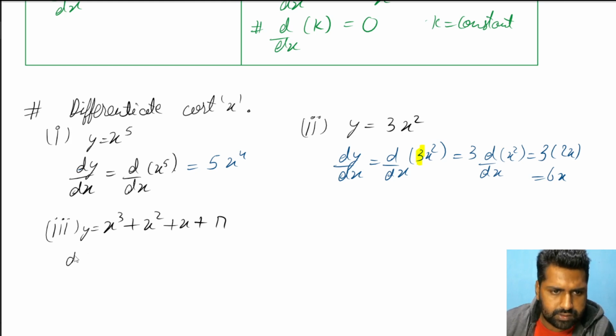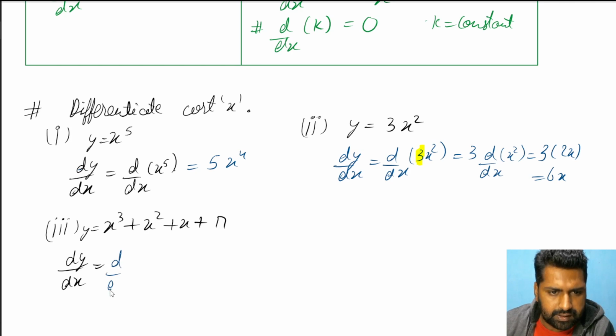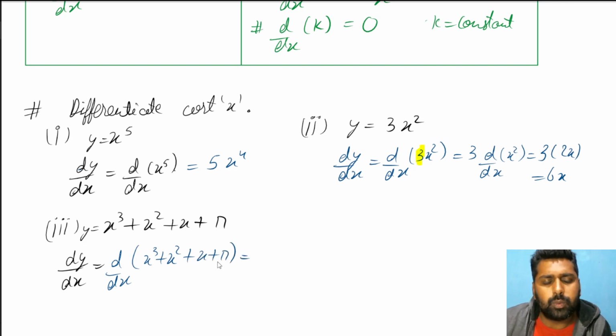So dy by dx means differentiation of this, dy by dx of x cube plus x square plus x plus pi. Now what do we do? We can split this differentiation among each expression along plus and minus. Basically means this differentiation can be splitted about plus and minus, simple enough. Means we have to differentiate each term individually.